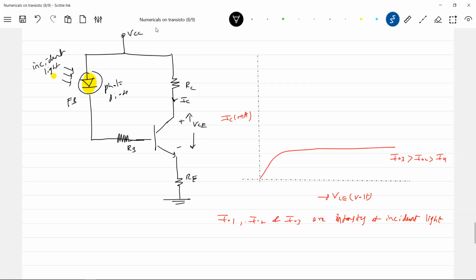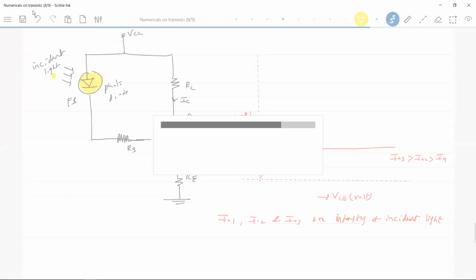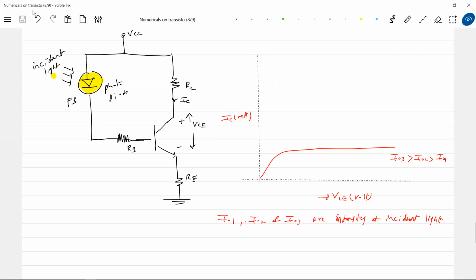Sir, can you explain how to check whether the transistor is in saturation or active region? Transistor, only collector base. Suppose VCC is 10 volt, so VC will be there.